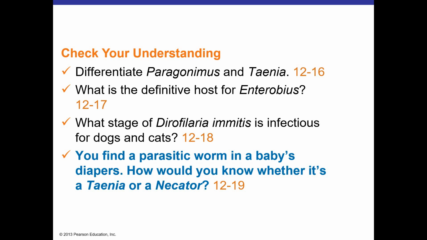So make sure that you understand the difference between the different parasites, and say that you found a parasitic worm in a baby's diaper and you were trying to find out whether it was a Taenia or a Necator. Well, one of the ways that you can figure that out is, is it flat or is it round? The Taenias are going to be the cestodes, those tapeworms that we talked about, and Necator is going to be one of those hookworms, so it would be rounded.